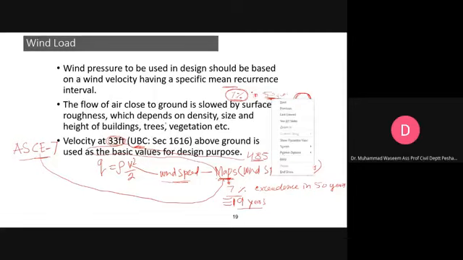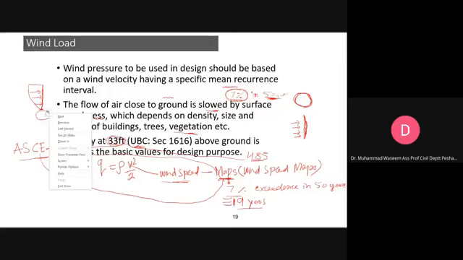Now what happens is that the wind velocity, the flow of the air close to the ground, is slowed down by the surface roughness, which depends upon the density, the size of the buildings, trees, and vegetation. What it is trying to say is that the velocity of the air near the ground is slower, and this velocity is also affected by the surroundings where you are constructing your building.